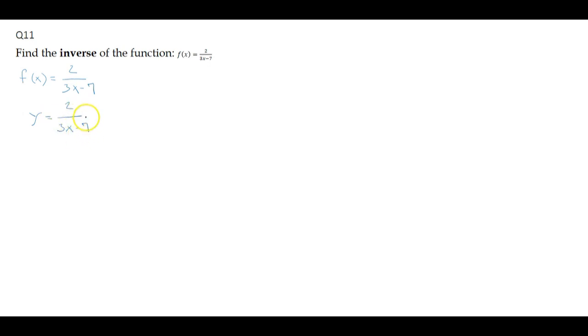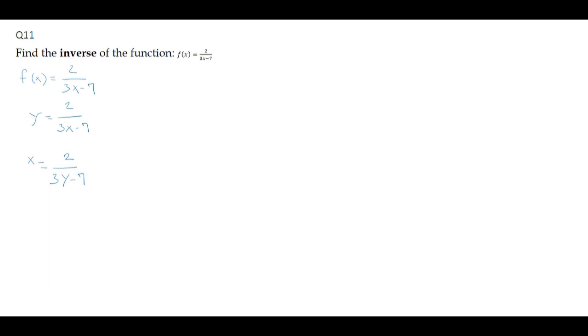Rewrite everything, the rest the same. Now we're going to switch y with x. So now we're going to have x equals 2 over 3y minus 7.